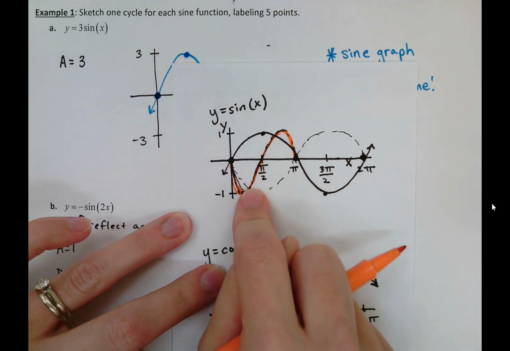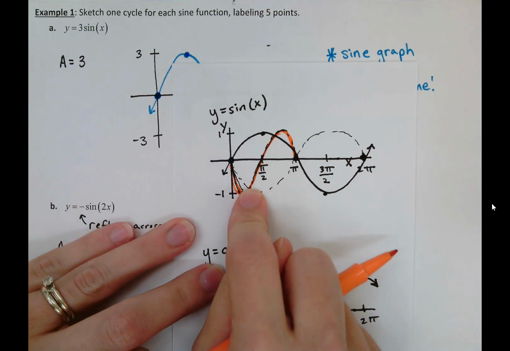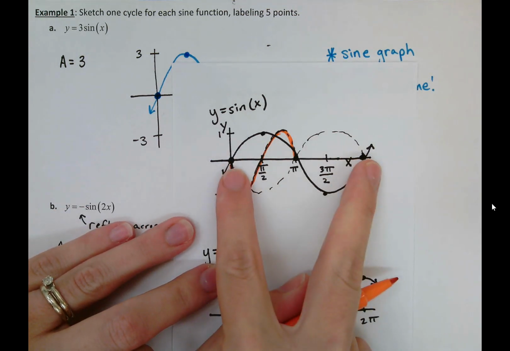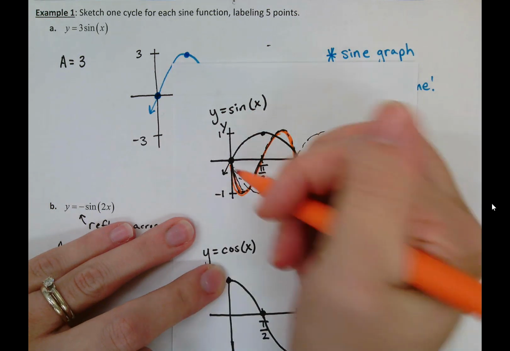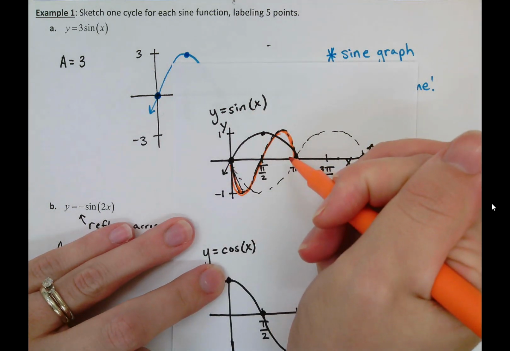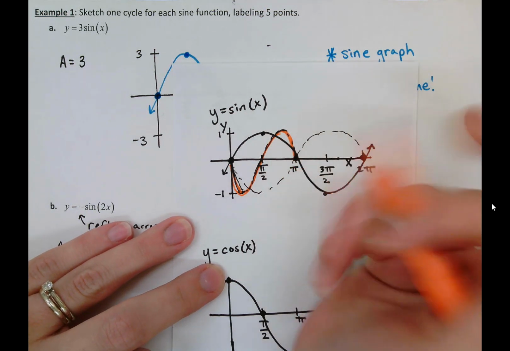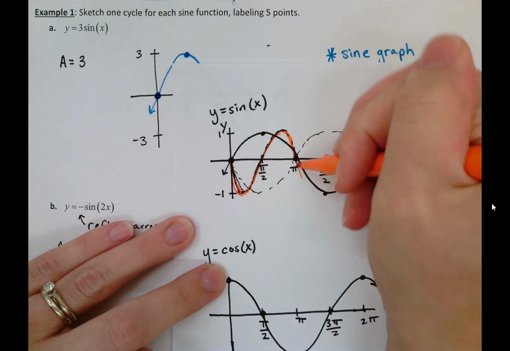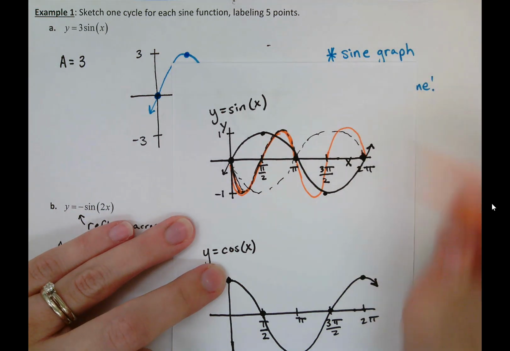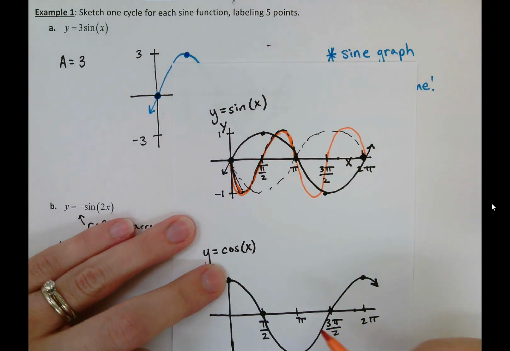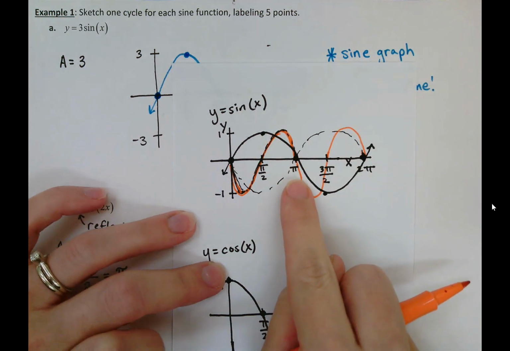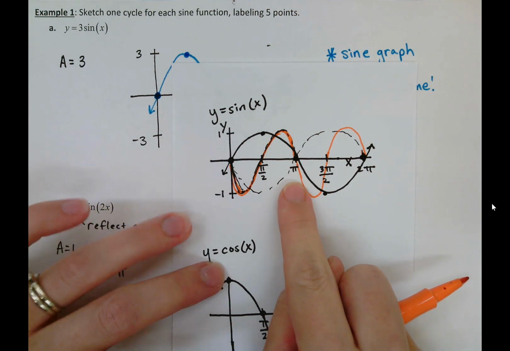And then we compressed the period by a factor of 2, so now we're looking at one cycle in a span of pi instead of a span of 2 pi. If we kept going, it would just keep going like this forever and ever in both directions. Okay, so I just wanted you to see that visualization of how these transformations are affecting the graph.